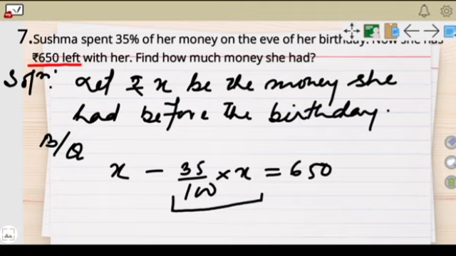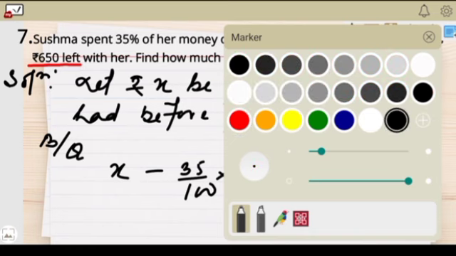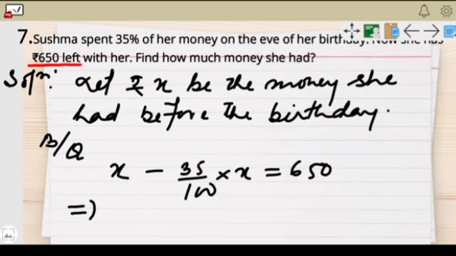Okay, so in the next step, we're going to do like this. Implies X minus, so here you can cancel this 35 and 100. Like this you can do 5 7s are 35, then 5 20s are 100.